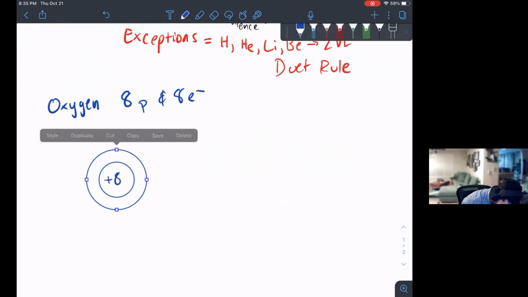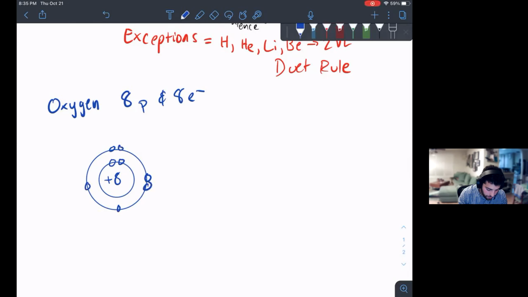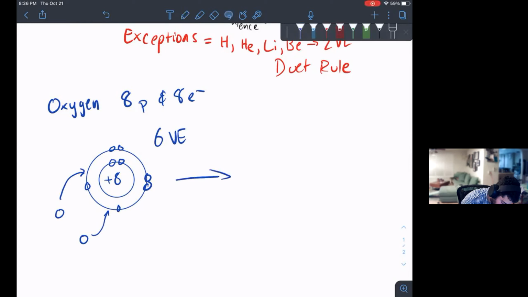So let's start out with our 8 electrons. So I'll go ahead and draw 1, 2, 3, 4, 5, 6, 7, 8. So oxygen wants 8, and currently it has 6 valence electrons. So what it's going to do is take 2 valence electrons and plop them right on.